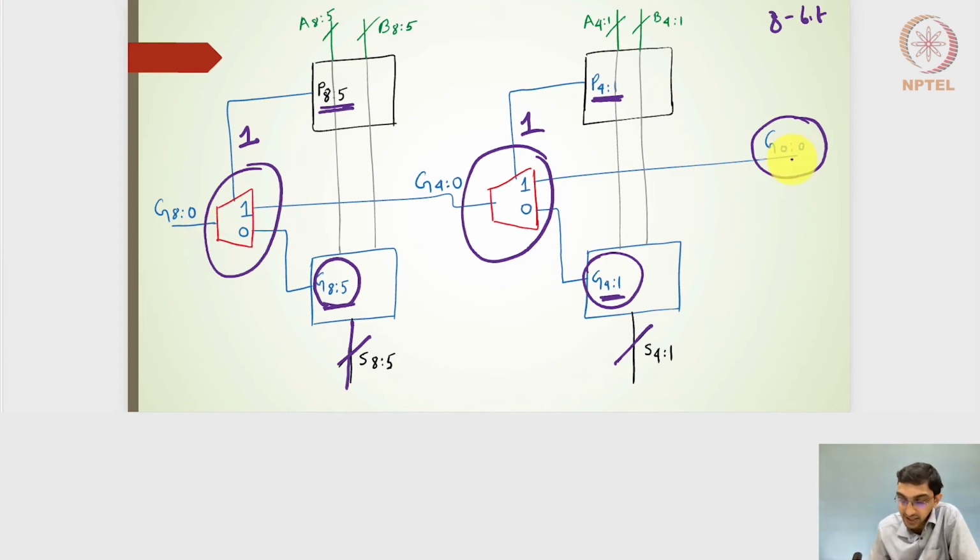If the last group propagate is 1, it can directly skip the generate signals, and then directly take 28 is to 0, which is actually taken from 24 is to 0, which is actually taken from 20 is to 0, and so on, right? So this particular carry input of 0 is to 0 can actually be passed to the last bit addition, right?